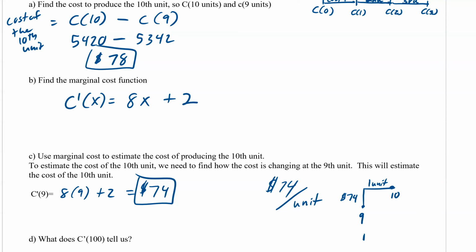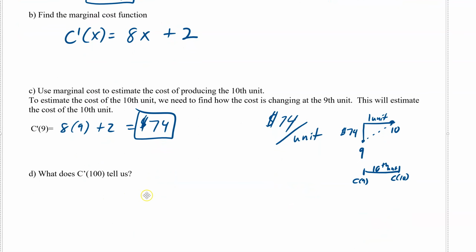And so like we did before, remember, this is the cost at 9, this is the cost at 10. So subtracting those would give us our 10th unit. So when you're using a derivative, you've got to plug in the number before to approximate the next one. So if we want the 10th unit, we use 9.